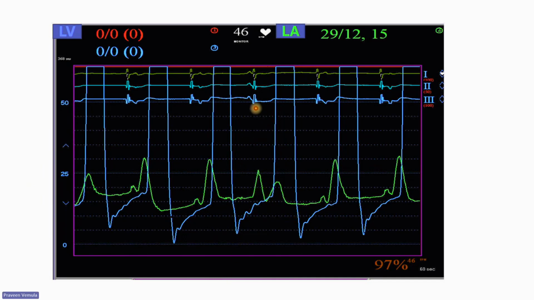There is a P wave, but what is happening here? The atrial contraction is happening against the closed valve, on the ventricle. It's a retrograde wave producing what wave? Cannon wave. What are the reasons for cannon waves?